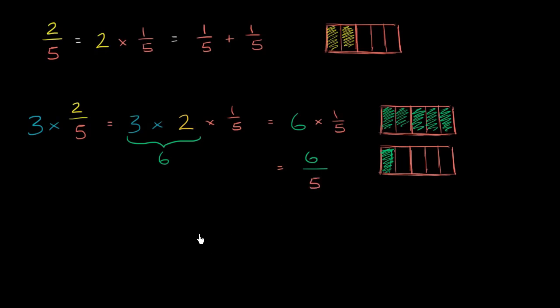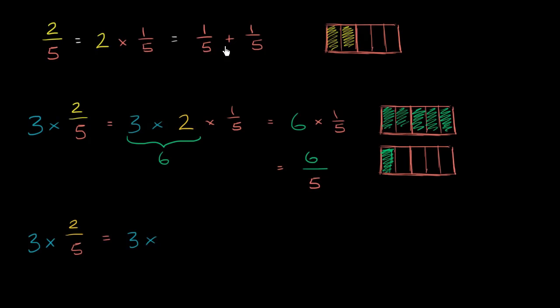Now you might have said, well, what if, instead of viewing 2/5 as we just did in this example, we view 2/5 as 1/5 plus 1/5? What would happen then? Well, let's try it out. So 3 times 2/5 is the same thing as 3 times 1/5 plus 1/5.